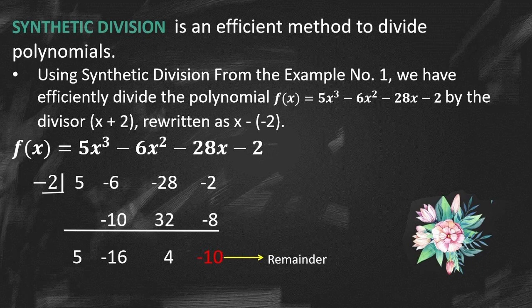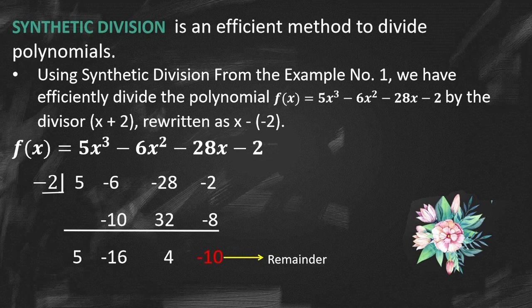Then we write down all the coefficients of our polynomial: 5, negative 6, negative 28, and negative 2. Bring down the first coefficient 5 as is, and multiply it by our divisor negative 2, which gives us negative 10.